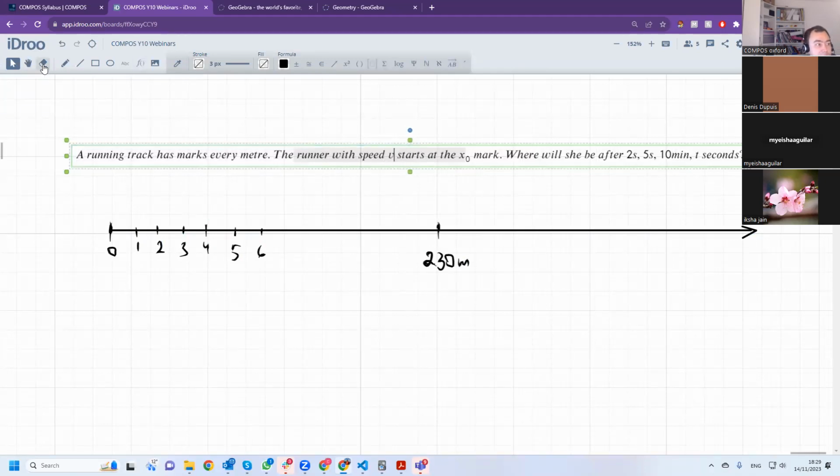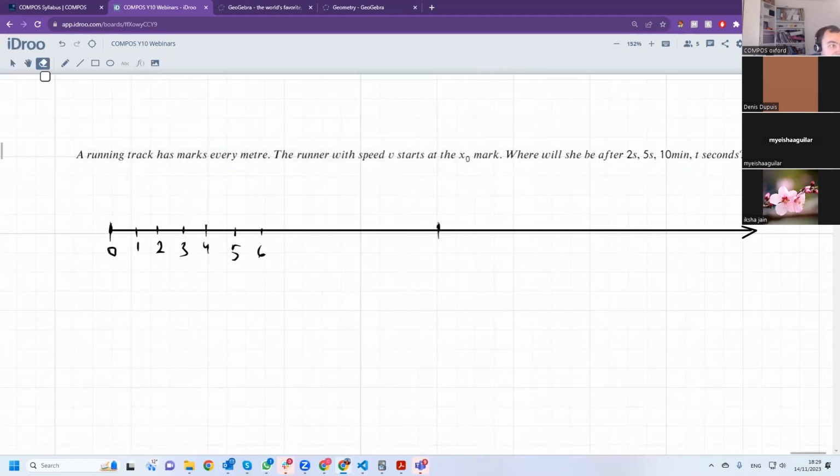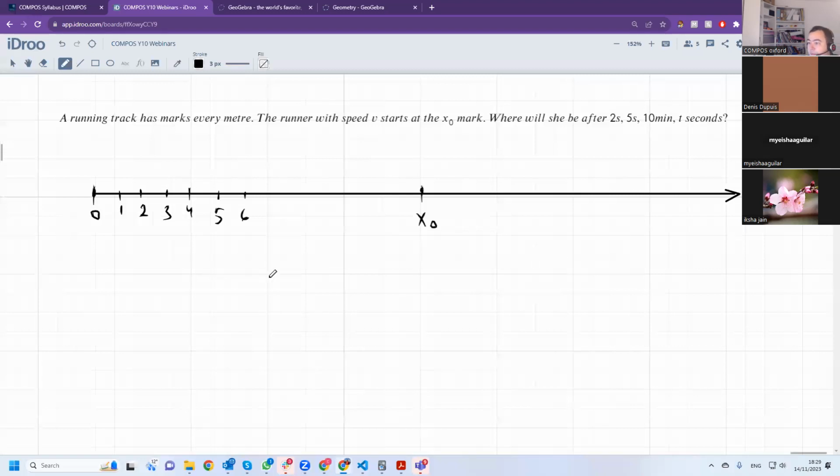So now the runner starts at the x0 mark. Where will she be after 2 seconds?